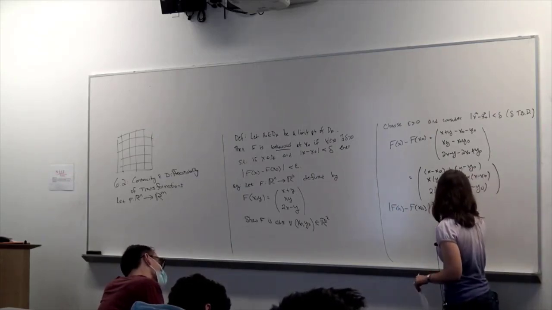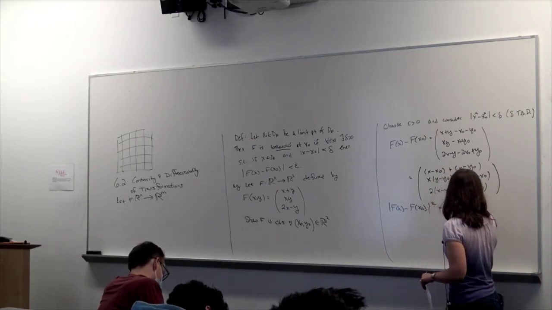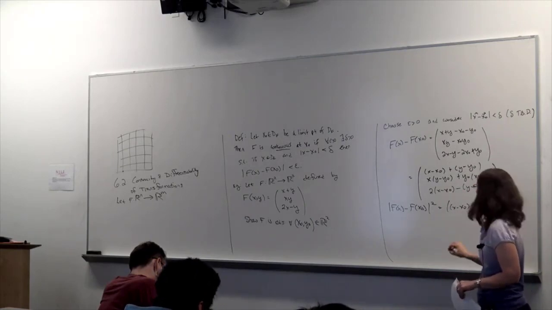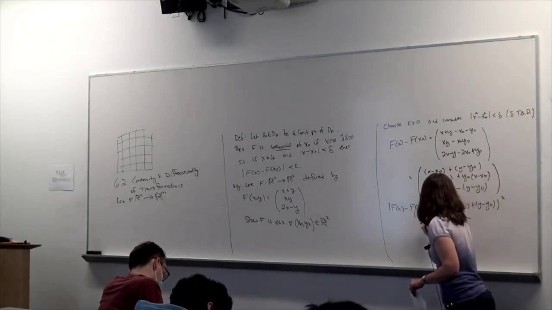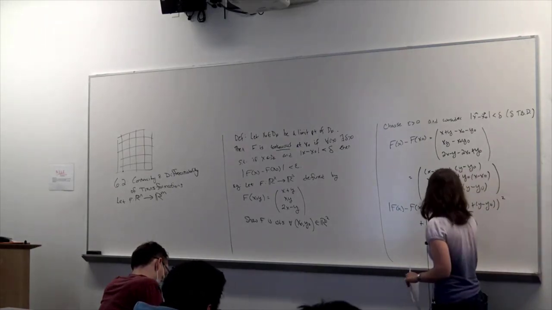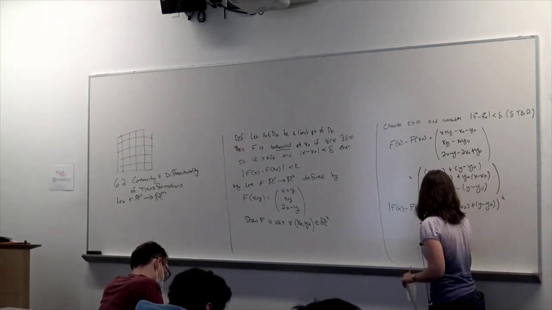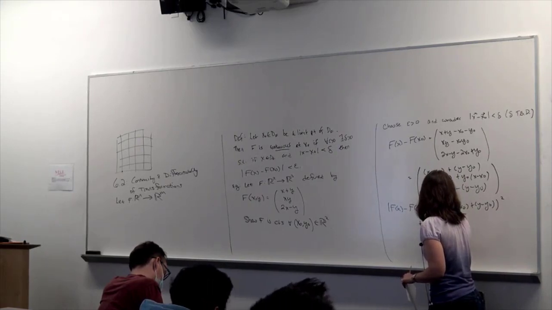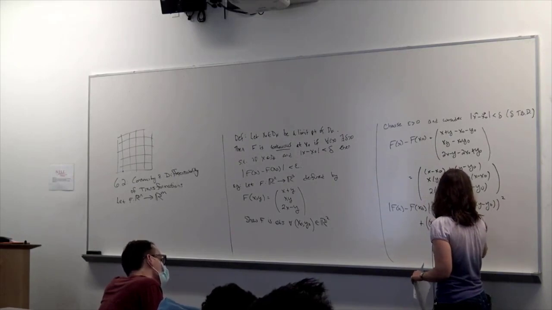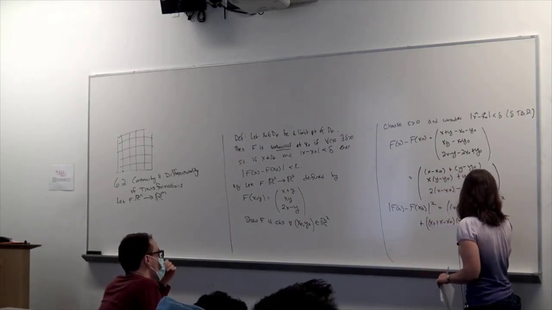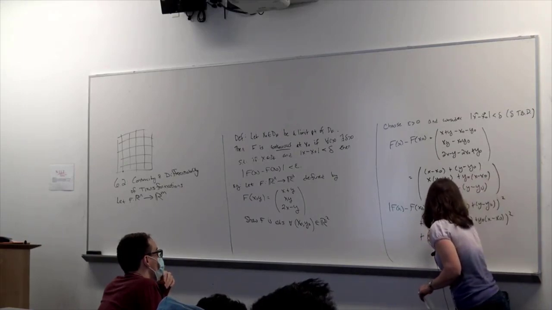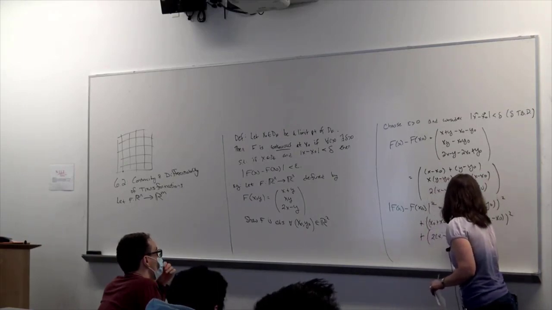So what do we have? We have x minus x naught plus y minus y naught, all squared, plus, write x as x naught plus x minus x naught, y minus y naught plus y naught, x minus x naught all squared, plus all of this squared.